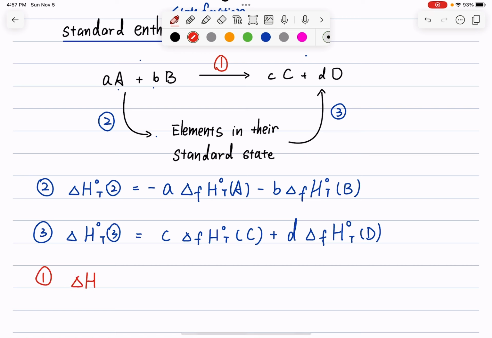That's delta H naught T1 equals delta H naught T2 plus delta H naught T3. In this process, we're using what we call Hess's law.